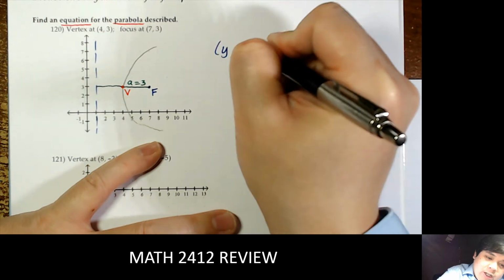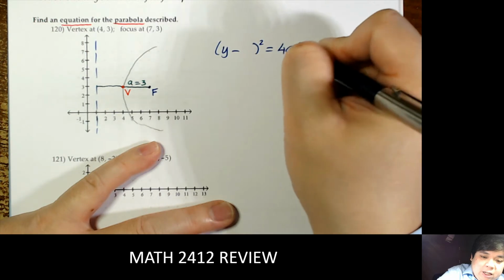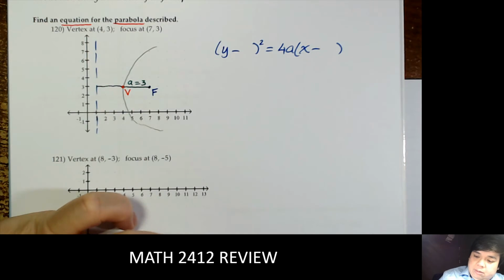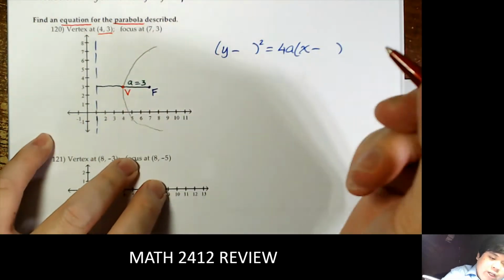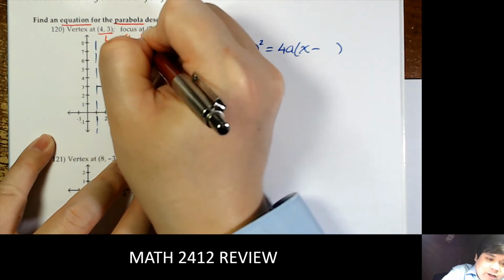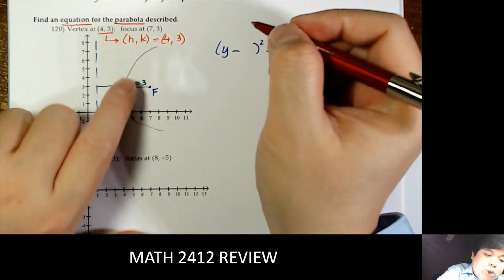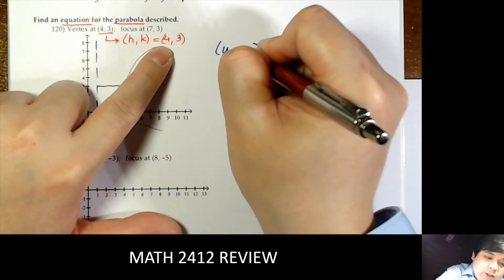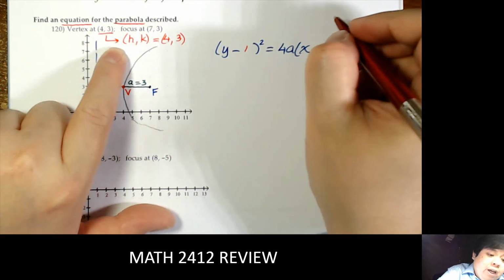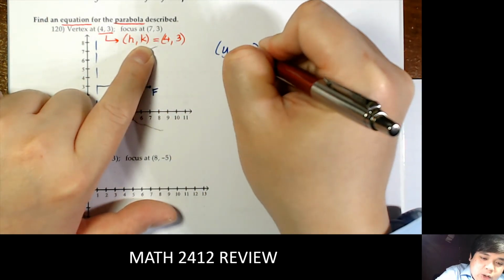So we have y minus something squared equal to 4a times x minus something. Right. The vertex is 4 and 3, so we have h and k, the vertex, 4 and 3. So h equal to 4, and that will go with the x, and k goes with y.